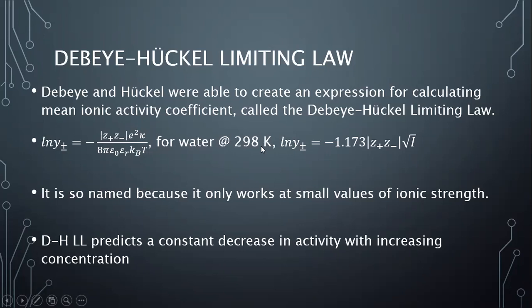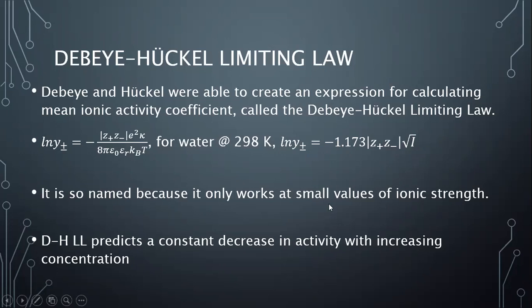With water at 298, taking all the constants out, the natural log of this becomes negative 1.173 Z plus Z minus square root I. You'd have to change this epsilon r for a different solvent, but essentially we can calculate the activity coefficient by looking at the product of the charges times the square root of the ionic strength.